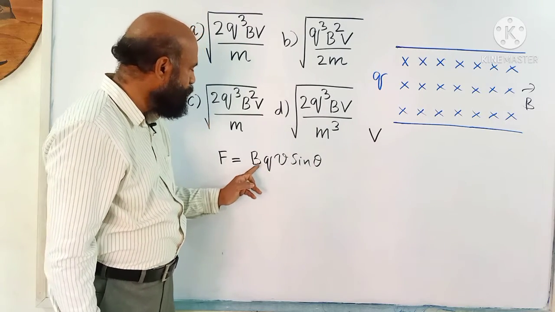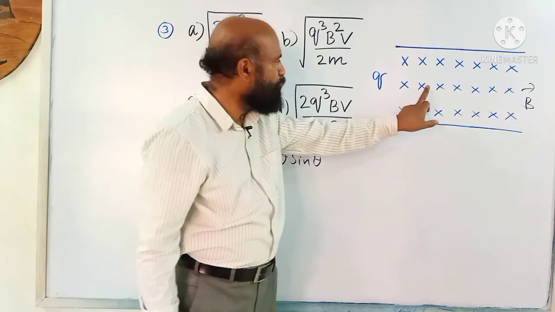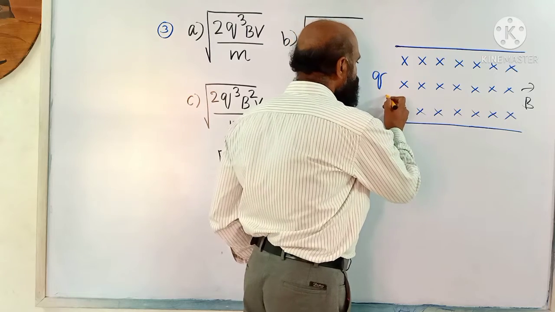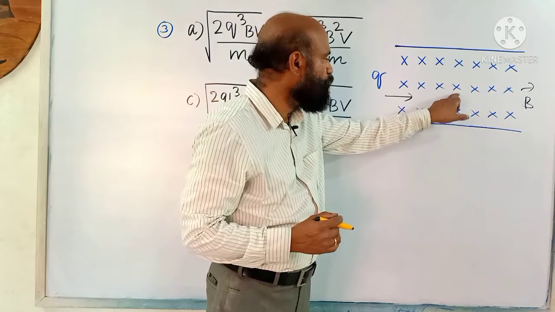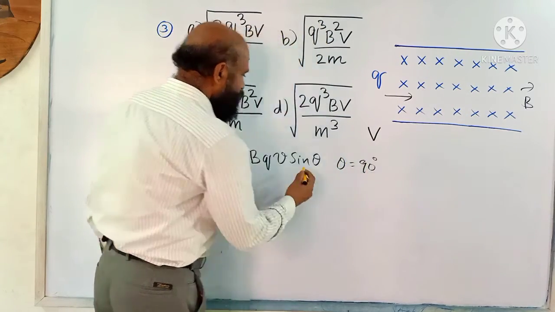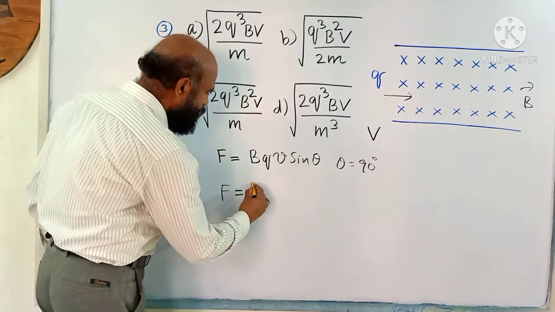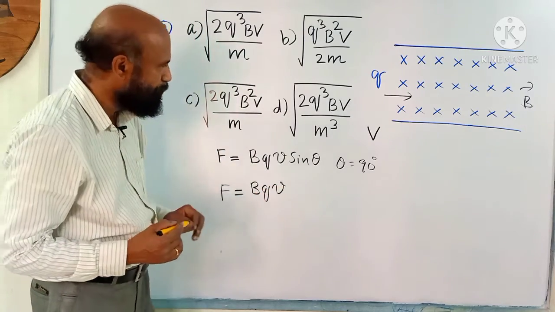Theta is the angle between the magnetic field and the velocity. Here the magnetic field is acting into the board and the velocity is in this direction, so they are perpendicular. So theta is 90 degrees. Sine 90 is 1, so the magnetic Lorentz force is BQV when the charged particle is accelerated perpendicular to the field.